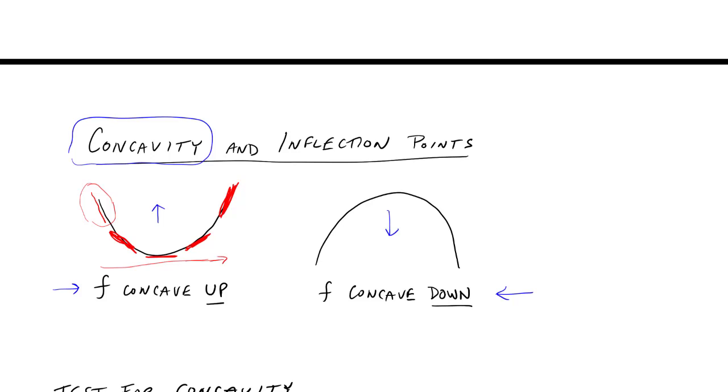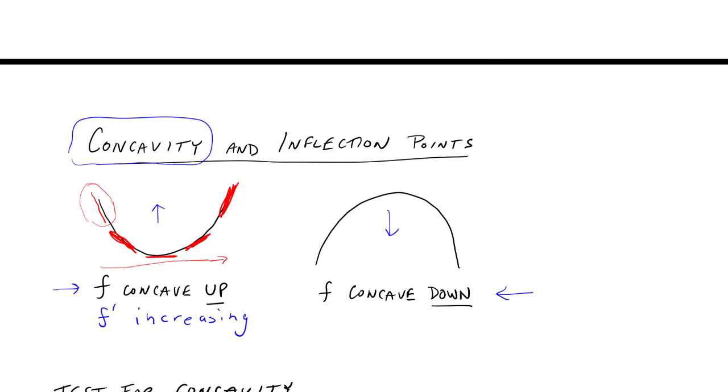So notice, throughout that whole time, the derivative, the slope of the tangent line, the first derivative was increasing, because it went from very negative to 0 to very positive. So it was always increasing. And so we have the function concave up, meaning that the first derivative is increasing.